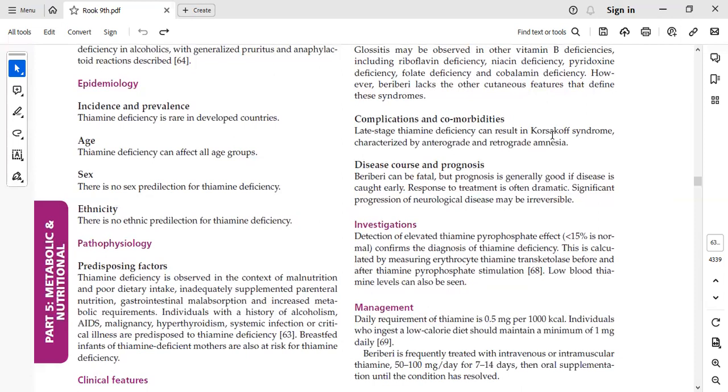In this, the patient presents with ataxia, confusion, amnesia, and memory loss, that is dementia. This happens when there is chronic deficiency of thiamine. The prognosis is generally good if the disease is caught early, and significant neurological progression may be irreversible if untreated.